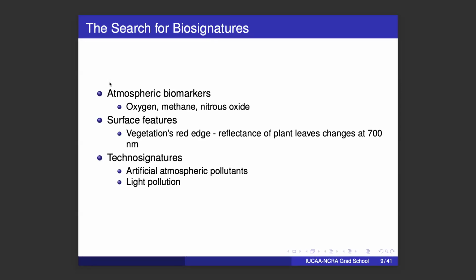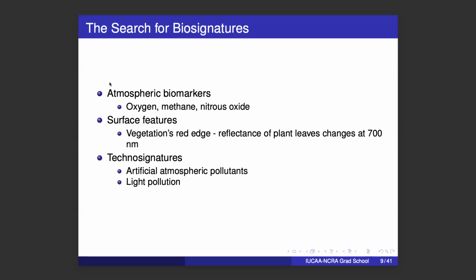Surface features can also be looked at. So what is that surface feature? How can you detect the surface feature of that tiny planet where you can't even resolve the star? So what you're looking for is what is called vegetation's red edge. The reflectance of plant leaves changes drastically at 700 nanometers.